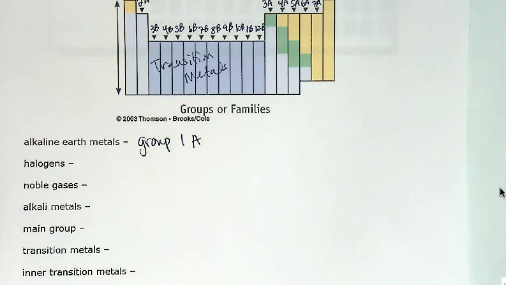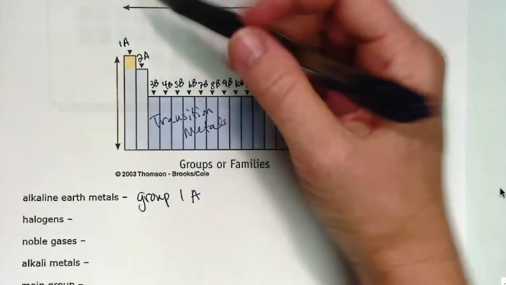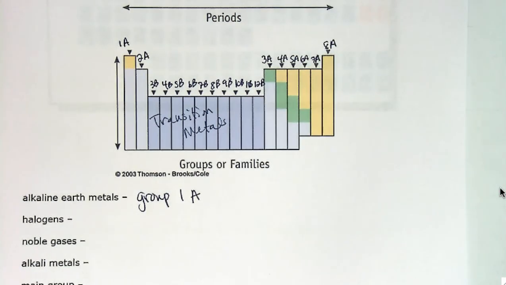So any element in that group, they're similar, just like you're similar to your relatives, right? Maybe you have that characteristic, your eyes are a certain color, or your hair is a certain color, so maybe you belong to the alkaline earth metals. So elements in group 1A display similar characteristics, and that's how they got the name. So like lithium, sodium, potassium, they all display these similar characteristics. That's group 1A.